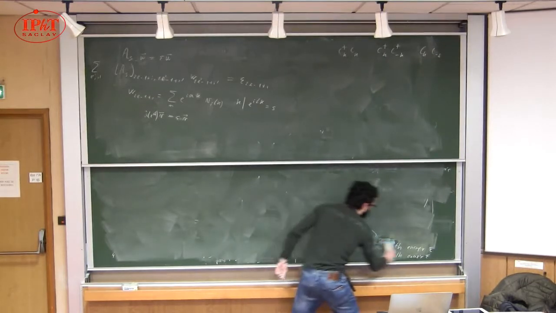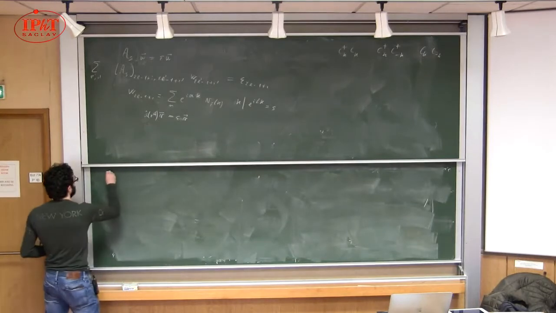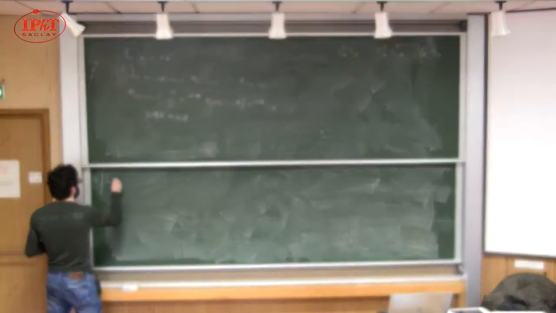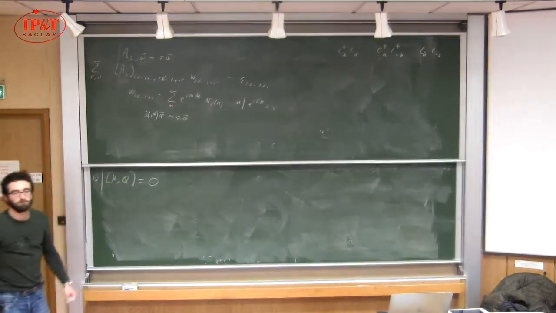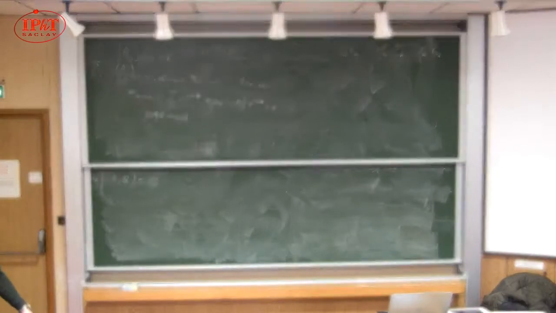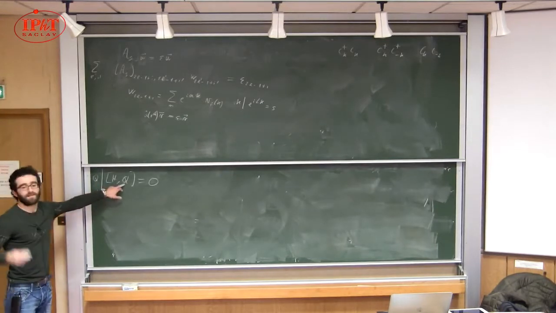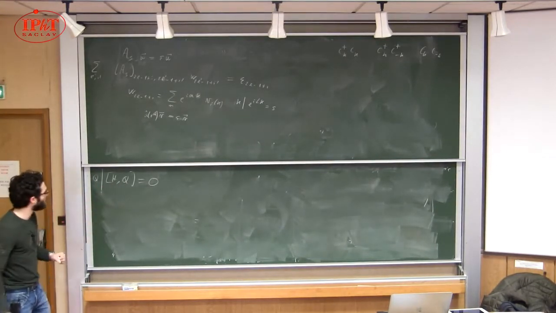The conservation laws are the operators that commute with the Hamiltonian. So we want to find Q such that the commutator of H and Q is equal to 0. There is a preliminary assumption: let's focus on operators that are non-interacting, like the Hamiltonian. So we focus on that particular class of operators.